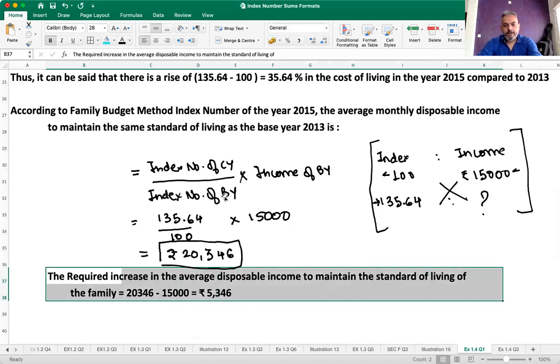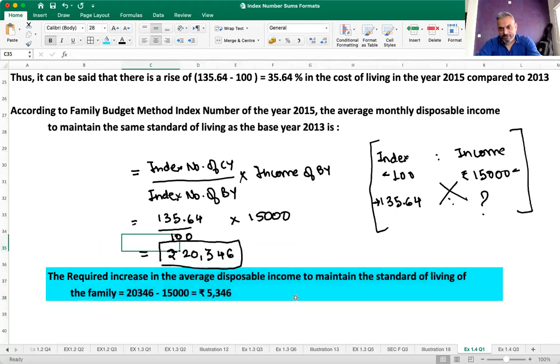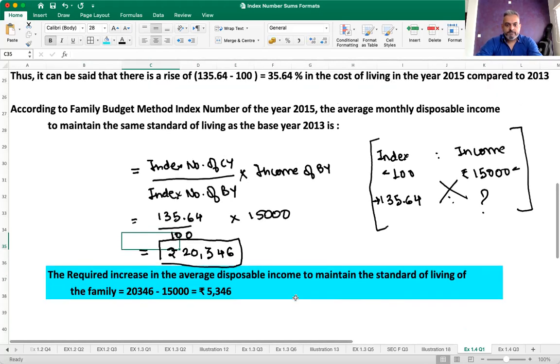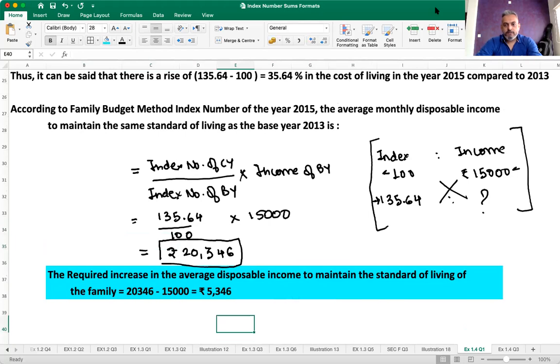So you need an increase of 5,346 rupees to sustain that lifestyle which was there in 2013. Please write this.